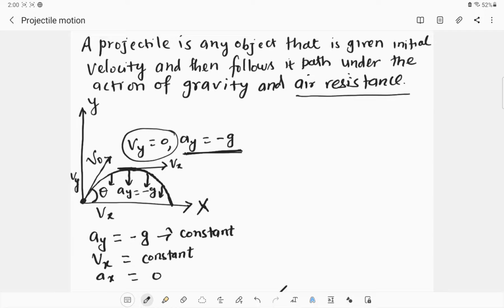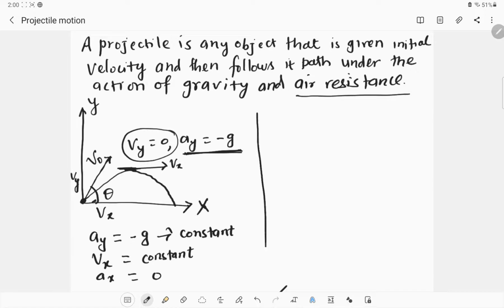Now let's derive some relationships that give you the position and velocities of the projectile.